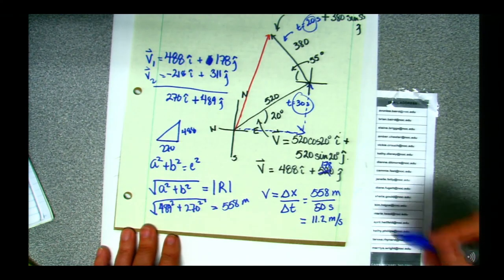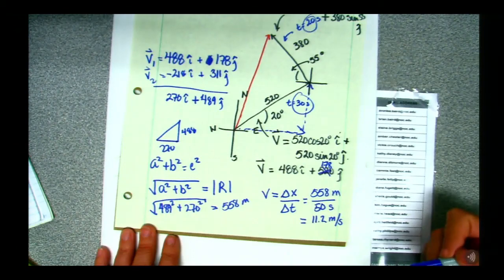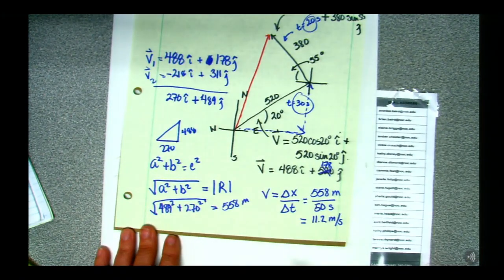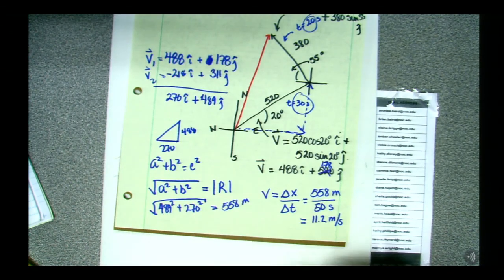And if you went through and carried it with this 520 and got a different answer, I'm only going to take off a point, because you've got the whole methodology right. Just had an arithmetic error. But you have to show me your work in order to get those partial credit points.